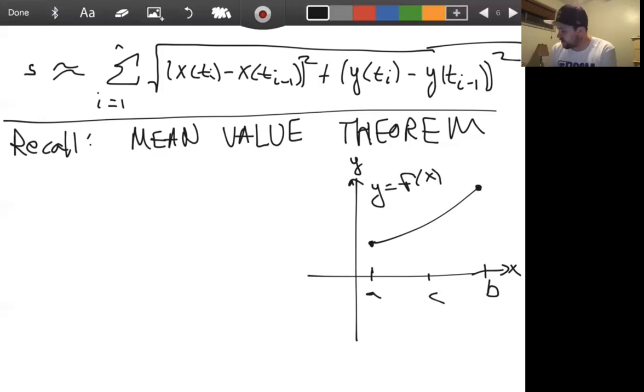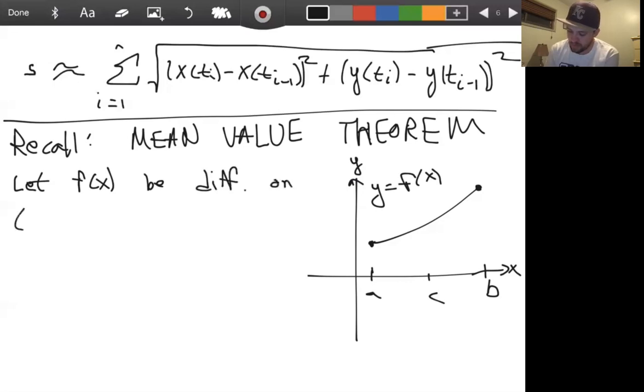The mean value theorem states that, let f of x be differentiable on the open interval a to b. We require, I won't write it, that it's continuous on the closed interval a to b. It needs to be differentiable on the open interval a to b.